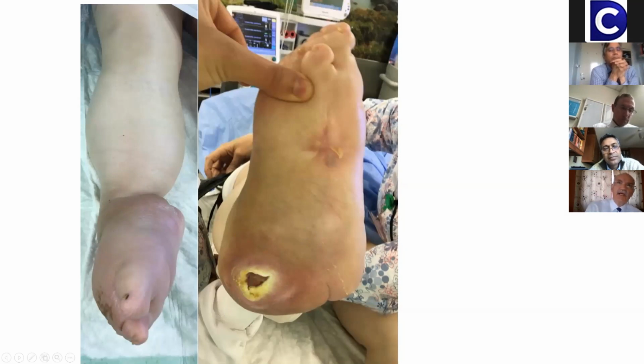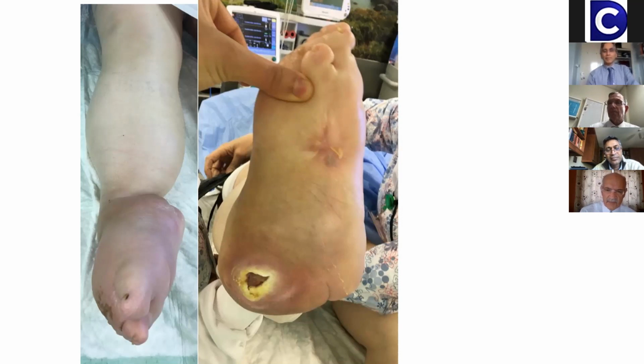Many people, from the general surgeons, think that if you have a Charcot foot or Charcot ankle, that means most probably you have a vascular problem. In my experience, which is very limited, this is not true. Almost always there is no problem with the vascularity. It's just a peripheral problem, but the vasculature is okay.